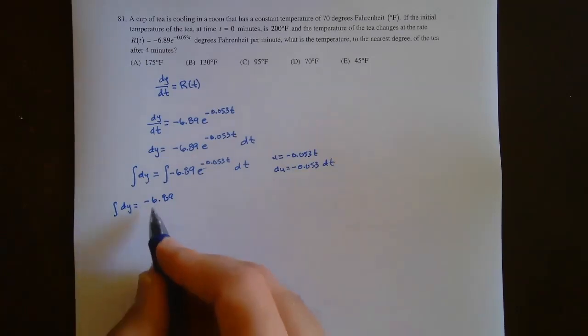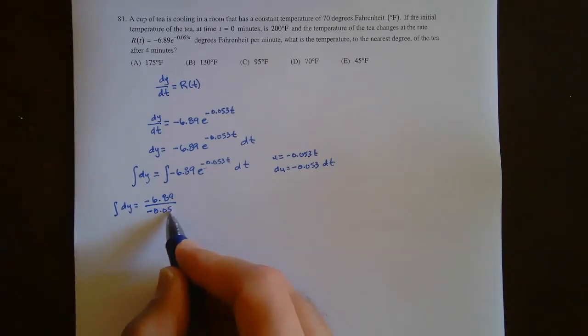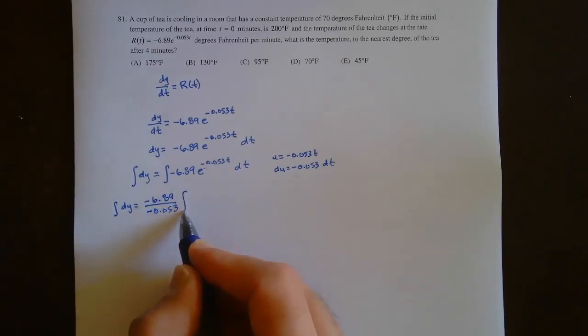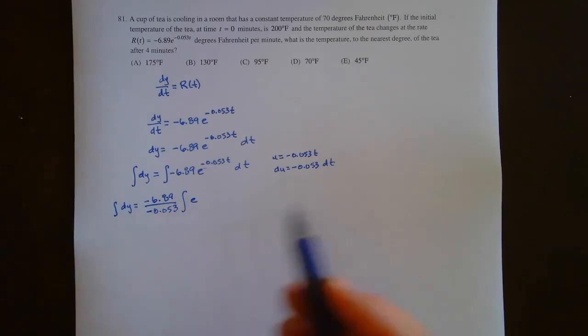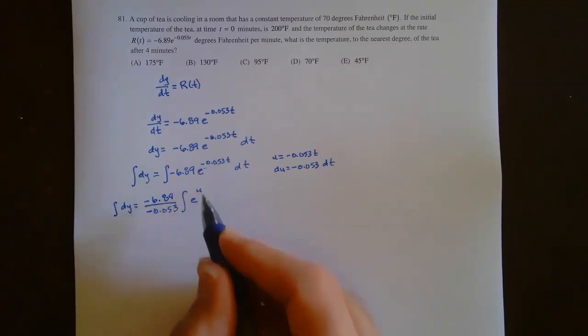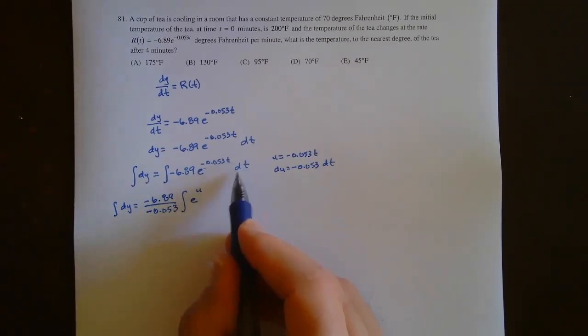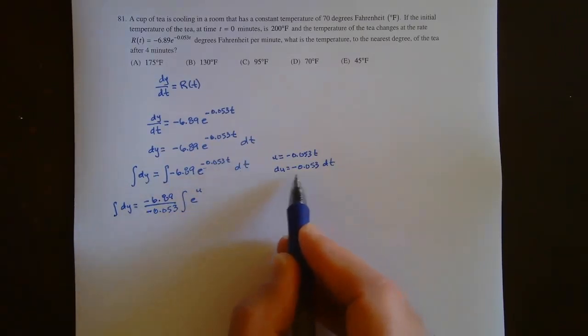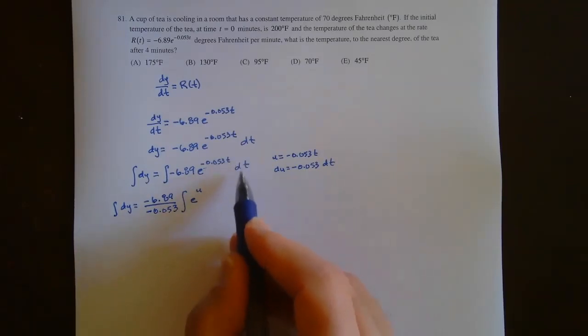So I'm just going to go ahead and bring it out and divide by it out here. So negative 6.89 over negative 0.053, and then that's the integral of e to the u, because I'm dividing by this, and multiplying by this negative 0.053 dt becomes my du.